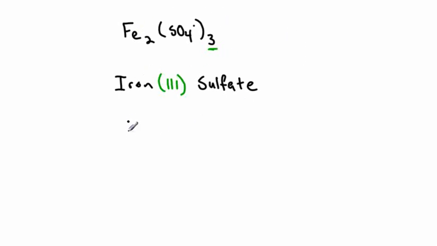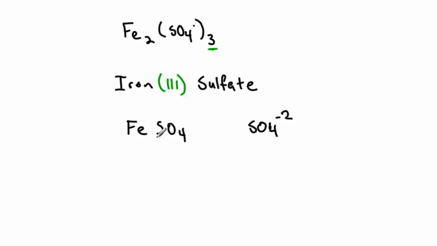Let's do another example. If we had FeSO4, there is no subscript here, but we know that sulfate should have had a 2 here because sulfate is always SO4 negative 2. Well, there's no 2 there. We didn't write one. So it's FeSO4.